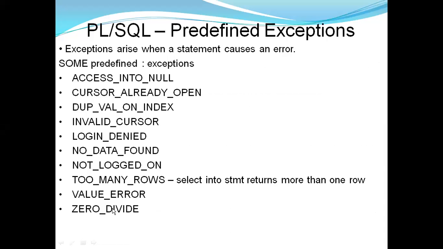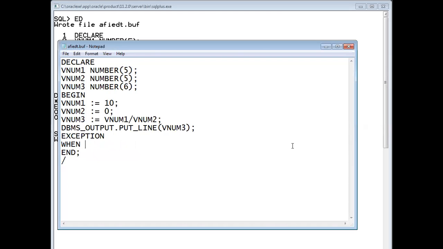Here the name is different, it is ZERO_DIVIDE. So we'll say here when zero divide, then you can write your routine here.